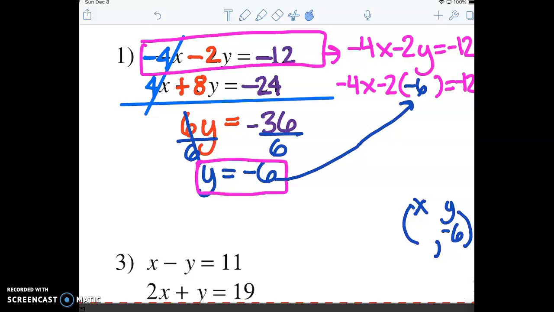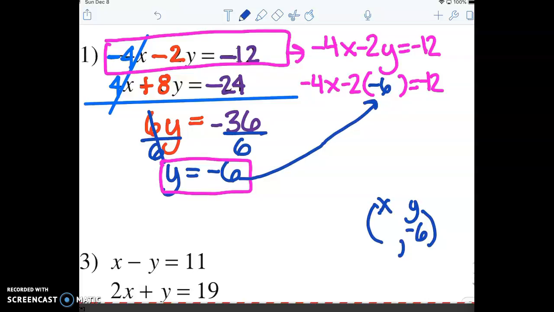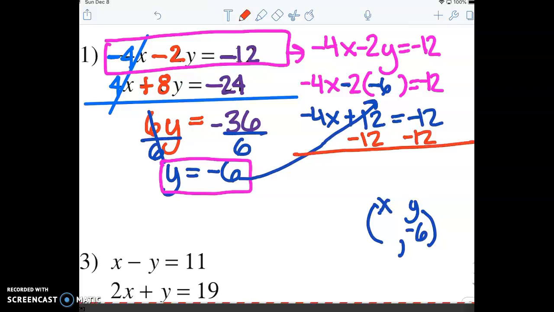So I get -4x. Negative times a negative makes a positive, 12 equals -12. Okay, we're still going. I'm going to subtract 12 from both sides because I'm trying to get the x by itself.